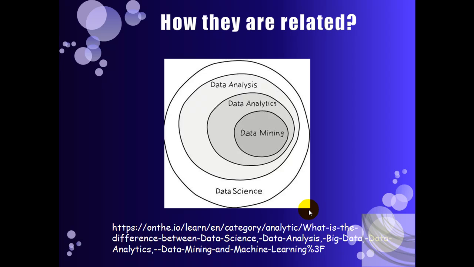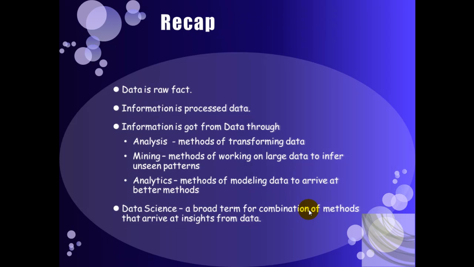Data analytics is a part of data analysis. Data mining is a small subpart of data analytics. So to recap, data is raw fact, and information is processed data. Information is obtained from data through analysis, mining, and analytics. Data science is a broad term for the combination of all the methods that arrive at insights from data.